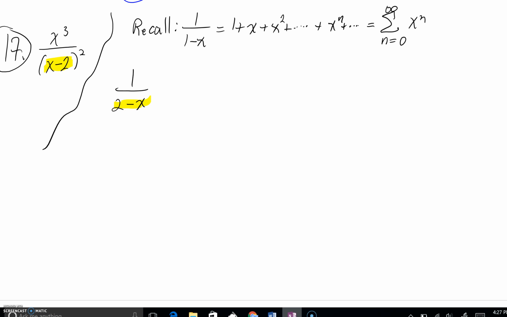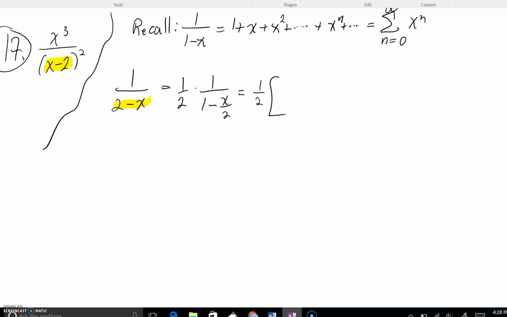And if we were to factor out a 1/2, you could see that we'd be left with 1 over 1 minus x over 2. Now, what that means is, following from up above, we'd have a 1/2 out in front. But everywhere where we have an x, including inside of the sigma here, we can make a substitution.